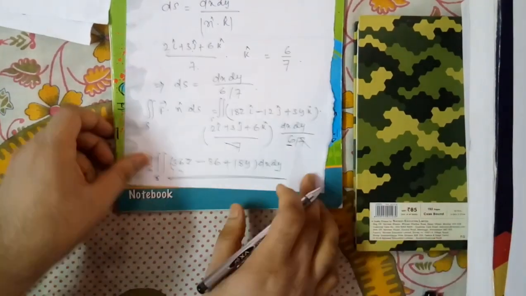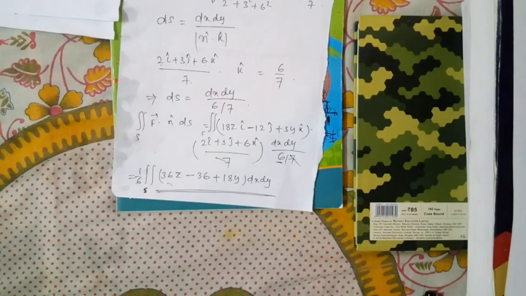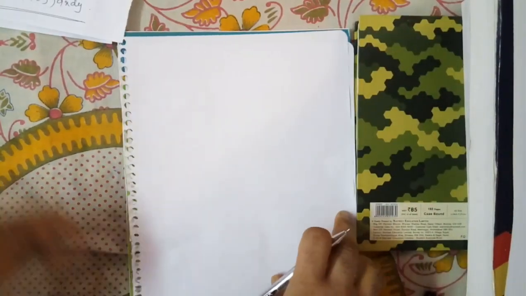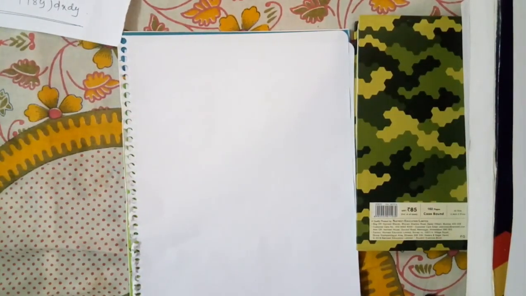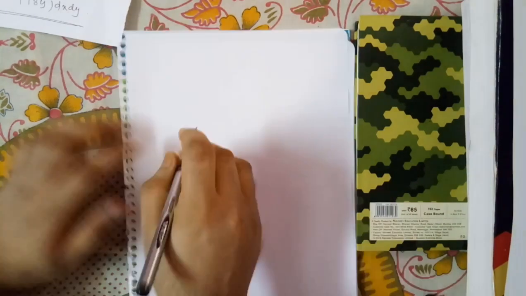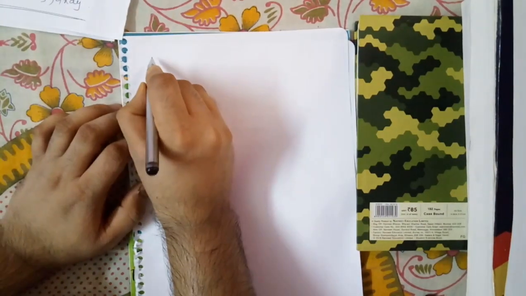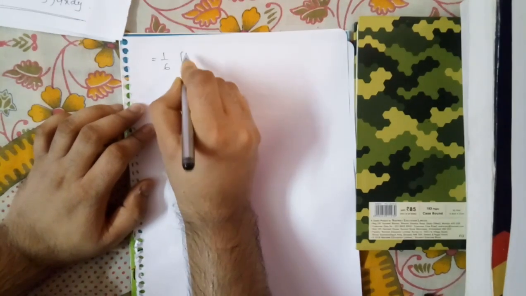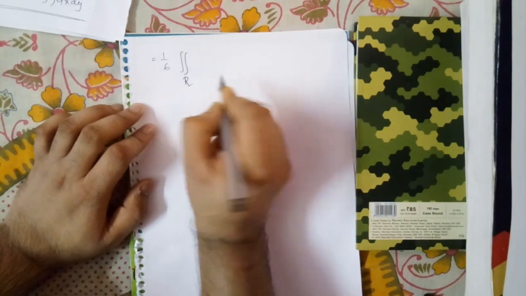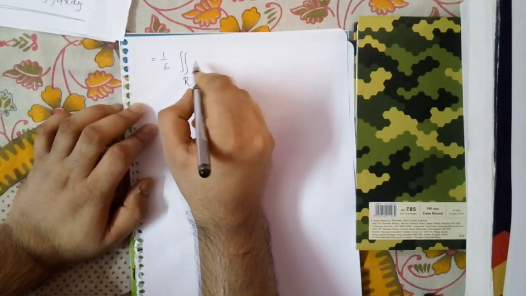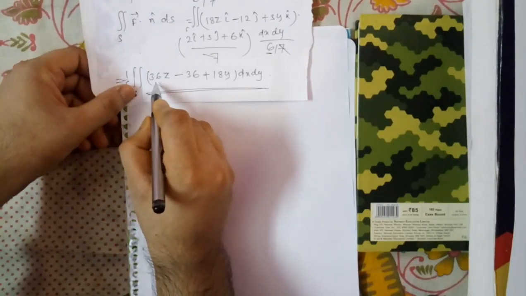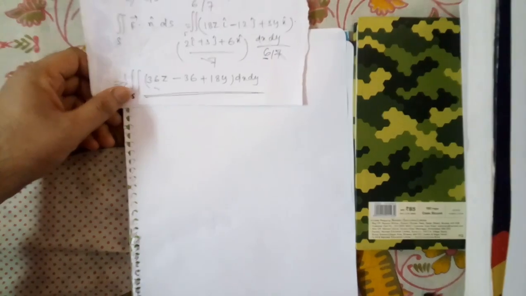So now what we do, we will solve this. If we simplify this further, this becomes 1 by 6. We will take this as region R in the XY plane. We take out 6. So we can take out 18 directly from here.